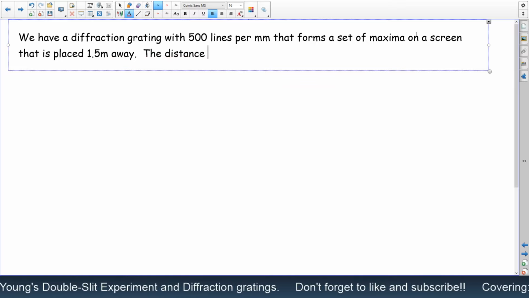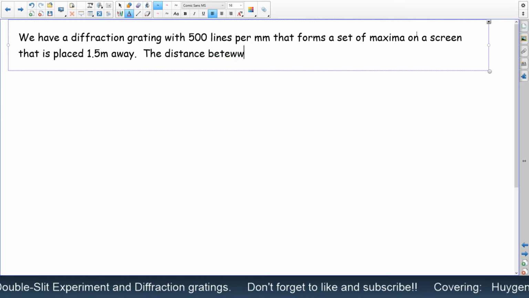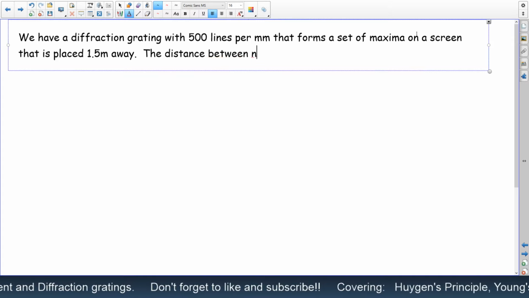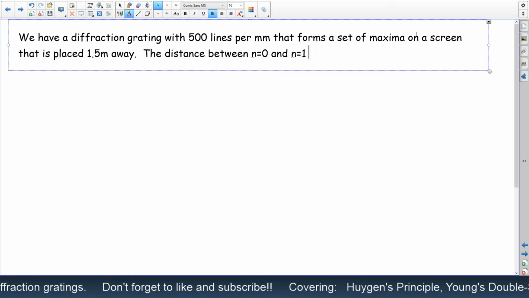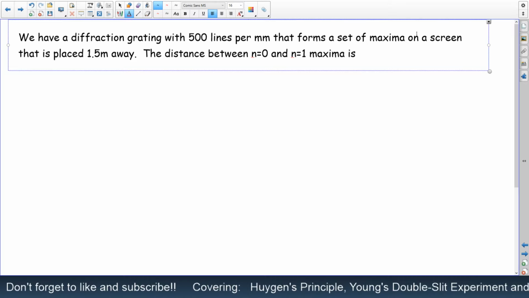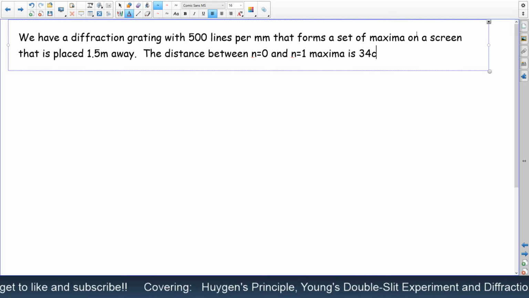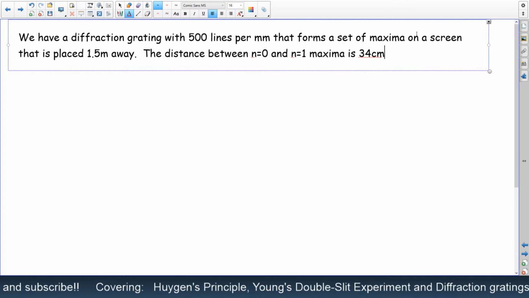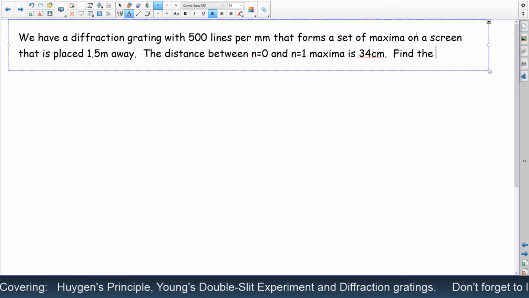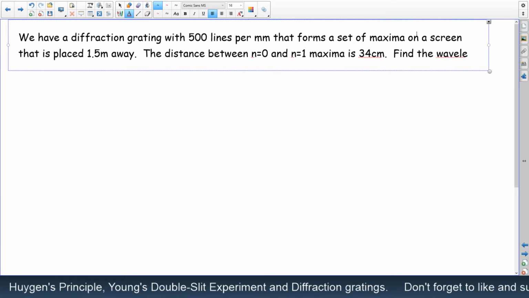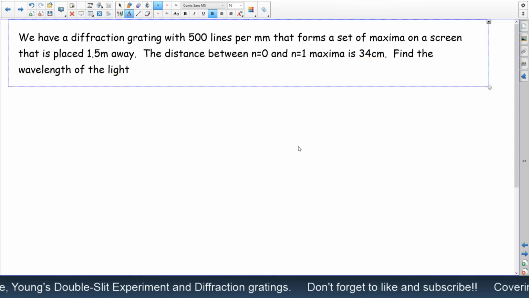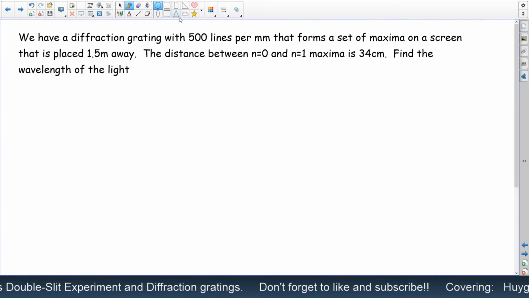The distance between the n equals 0 and n equals 1 maxima is, let's say, 34 centimeters. This could come out really badly, but let's see how we get on. Find the wavelength of the light. So first things first, let's get a diagram done up of our setup.